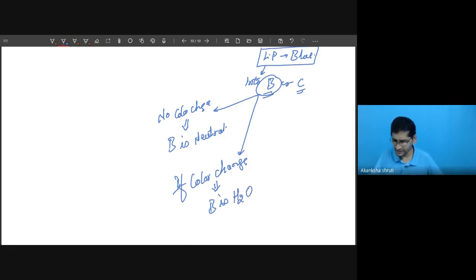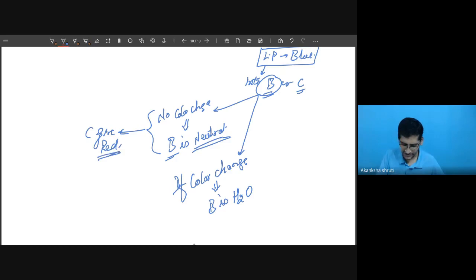This is its meaning. So now if there is no color change, then B is our neutral, and this C, if you like, you can dip again in C and check. C will give, the blue color will again generate red color for us. So C is your acid.